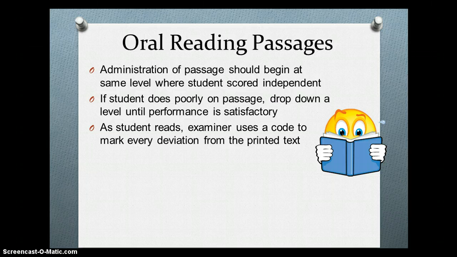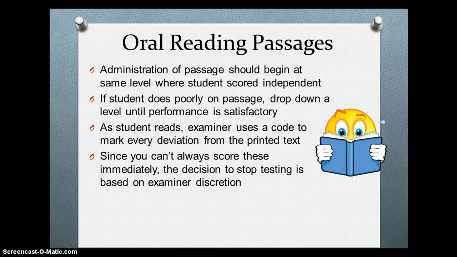As the student's reading, you're using a code to mark every deviation from the printed text, and we've definitely gone over how to record the miscues several times. Again, in your book on page 374, 375, they give you yet another way to do that, but very similar to what the QRI is having us do.